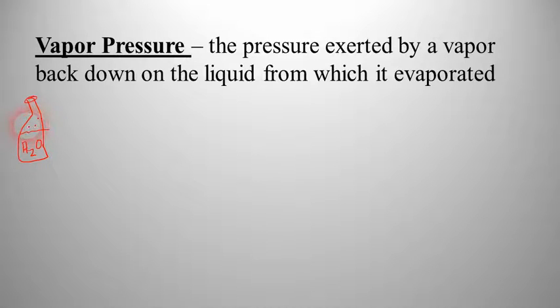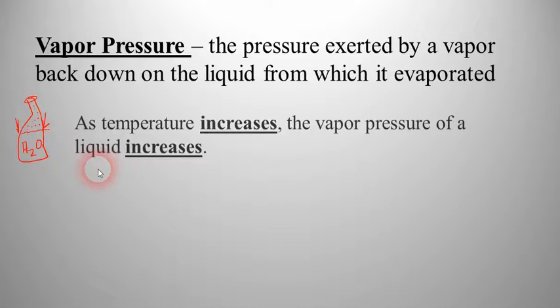We can imagine that the little vapor molecules are there, and that vapor is actually pushing back down on the liquid. The cap has to be closed in order to measure this. But generally speaking, that vapor is pushing down on the liquid. We may not be able to see that, but it's always there.